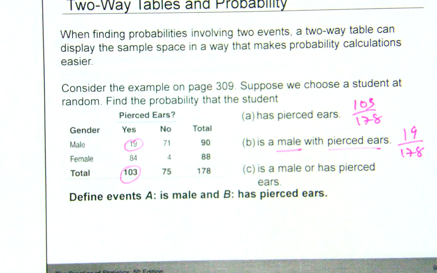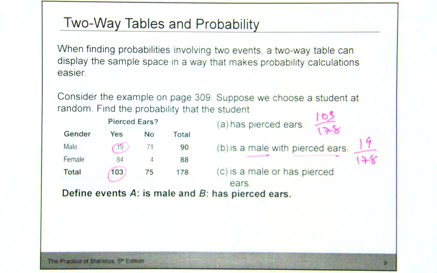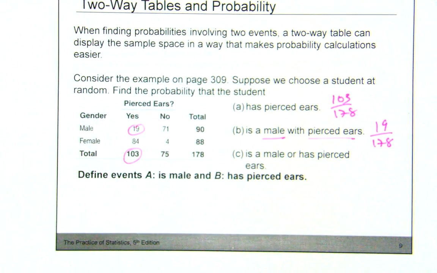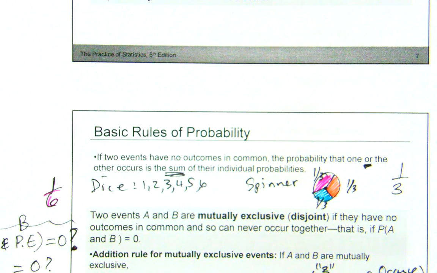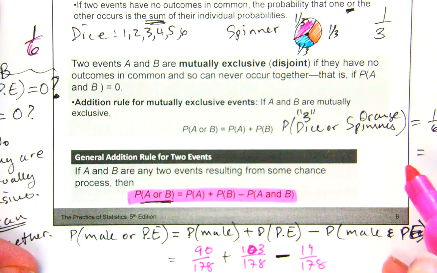Okay, so that's it. Hopefully you followed along. Please watch this again if it didn't become clear what we were doing, especially the probability rule for the "or." That's the one you really have to memorize, which is, I'm going to highlight it for you, this one right over here. Please make sure that you get this one memorized.